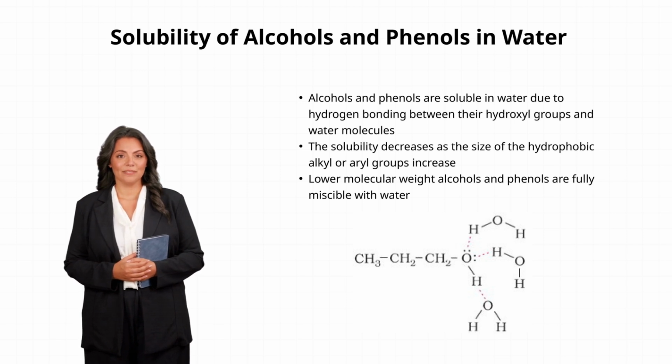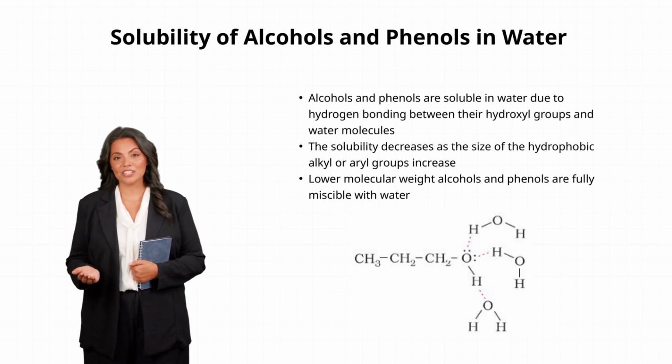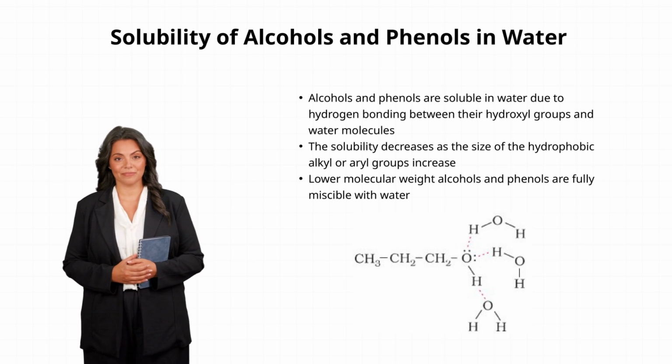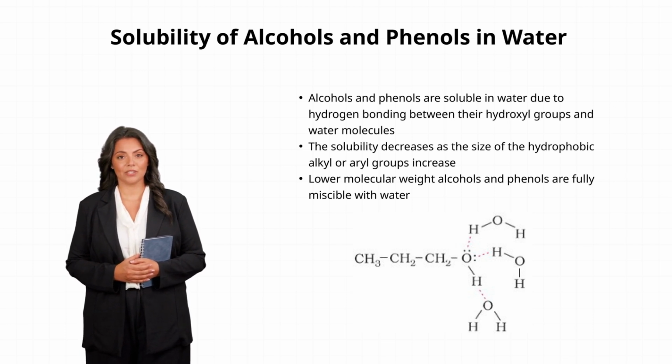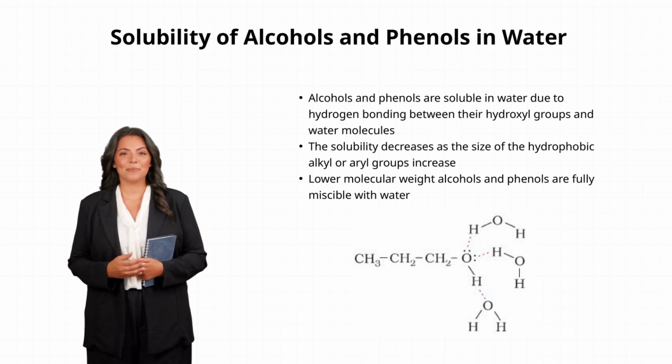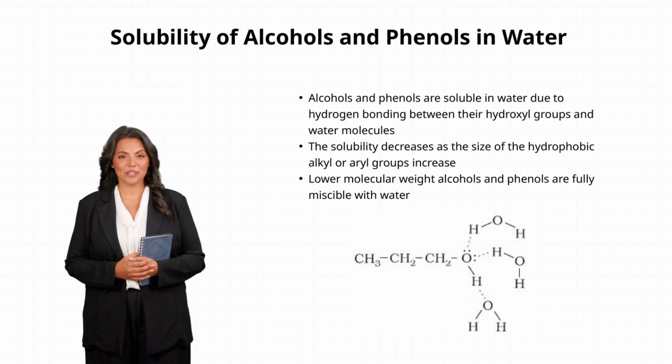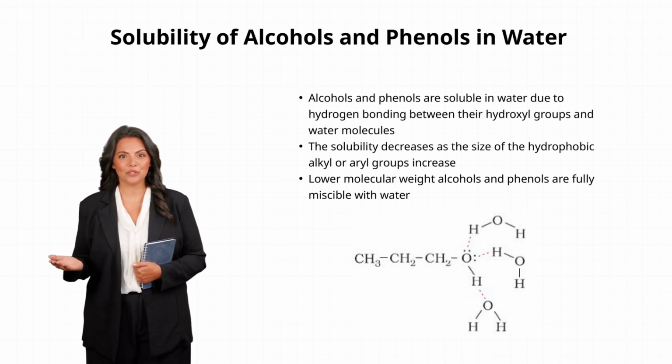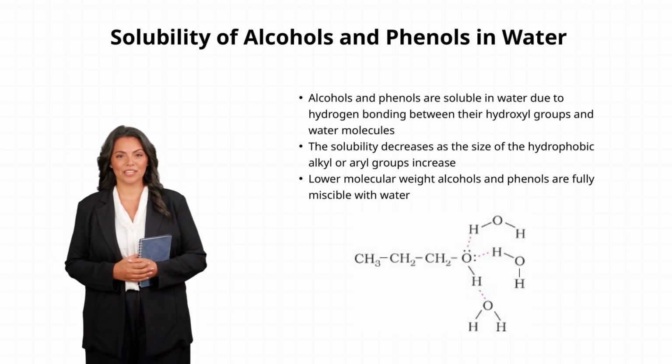Water molecules, consisting of an oxygen bonded to two hydrogens, are also highly polar and engage in hydrogen bonding. The image shows ethanol hydrogen bonding with three water molecules, represented with dotted pink lines. This ability to form strong intermolecular hydrogen bonds with water molecules explains the solubility of alcohols and phenols.